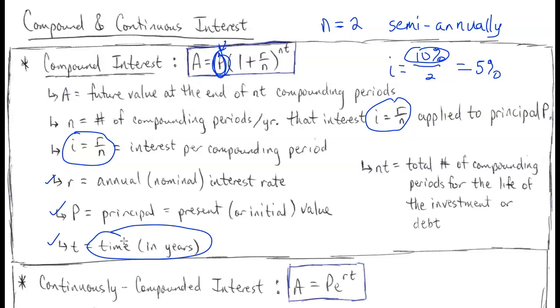And so normally with this particular formula for compound interest, unless we're specifically told that we're looking at time in a different way, if we have something like, let's say, 3 months, then we know 3 months is 1/4 of a year.